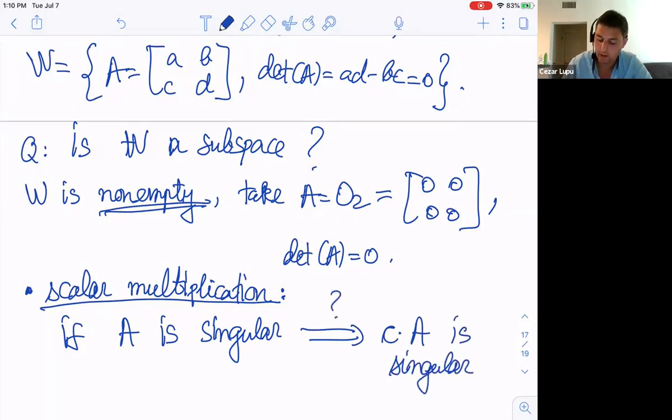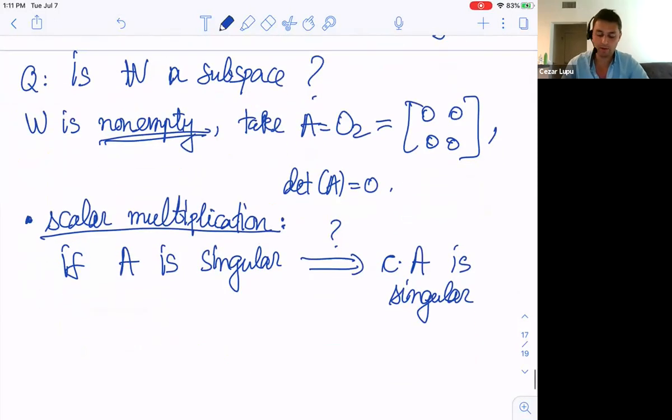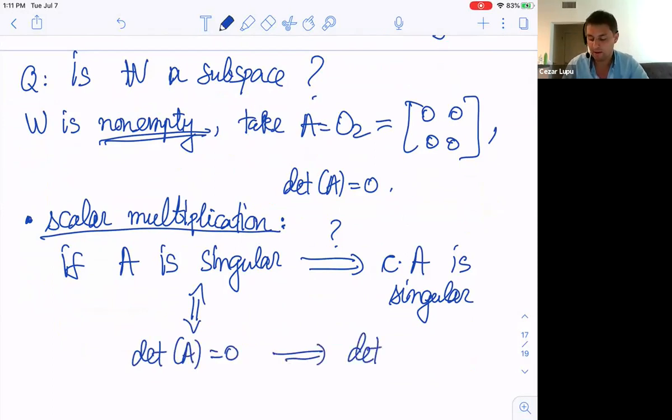What do you think? Morgan says that this might not be true. Well, let's see what this means. This means that the determinant of A is 0. Does this imply that the determinant of C times A is 0?